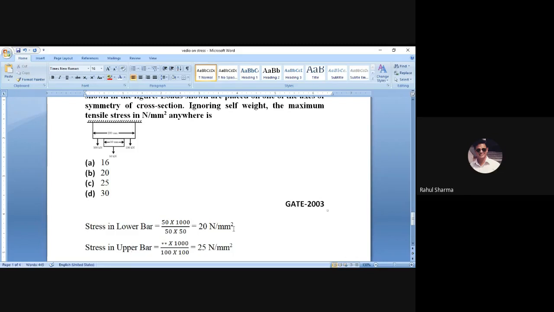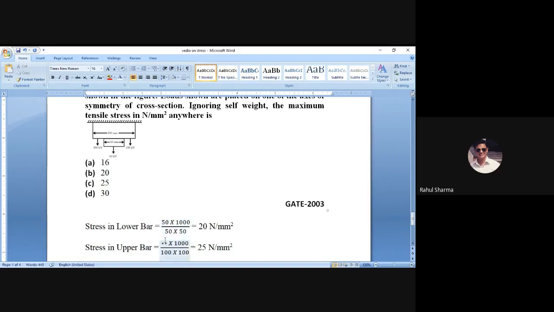Now similarly, you want to calculate the value of stress in the upper bar. So for finding the value of stress in the upper bar, you must know the value of load acting on this bar, and you know the net load will be equal to the summation of 100 plus 100 and 50.